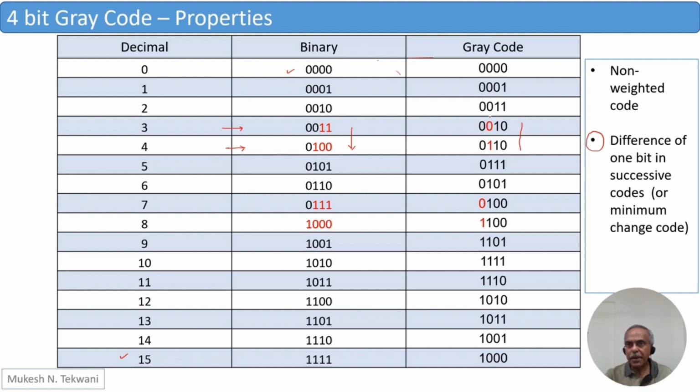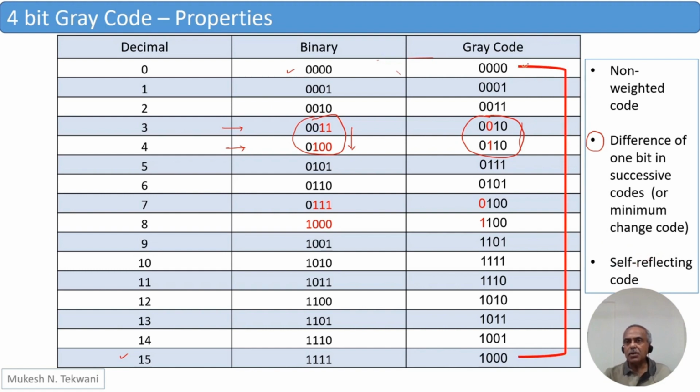So if you compare these two Gray codes of successive values, there is a change of only 1 bit, and therefore we say it's a minimum change code. But in binary, as much as 3 bits changed at the same time. But let us observe that self-reflection feature here.